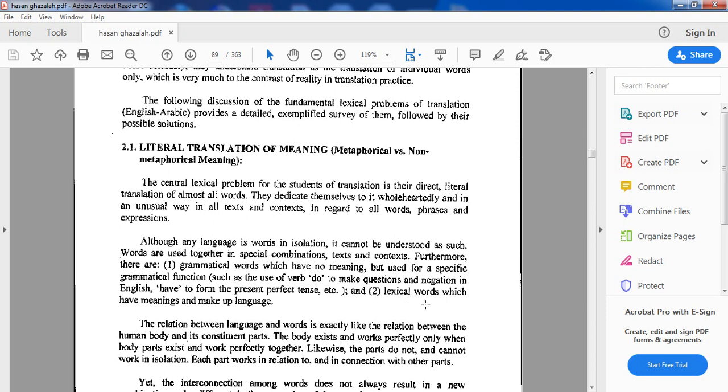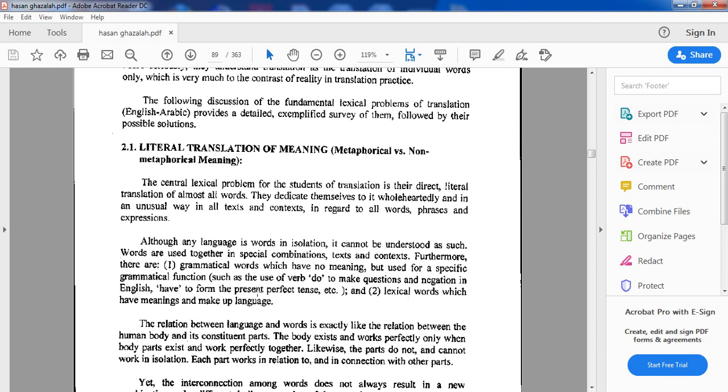And second, lexical words, which have meanings and make up language. Simply, they are verbs, adjectives, nouns, adverbs.